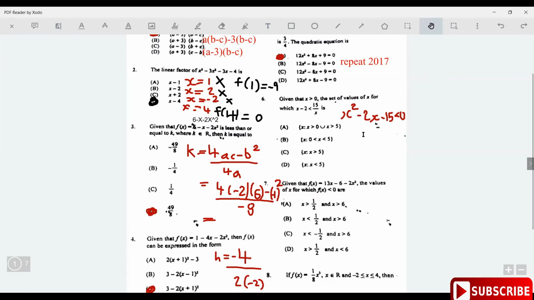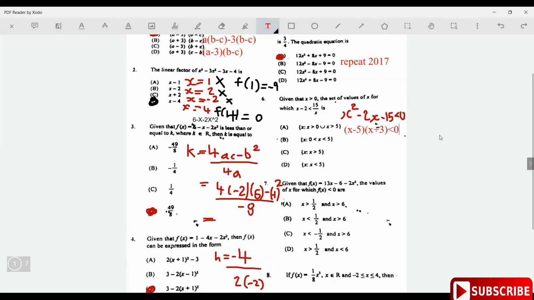We're going to factorize this, and it's going to be x minus, which two numbers, when you times them, you get negative 15, but when you add them, you get 2. Let's go 5 and 3. So it can be x minus 5 times x plus 3 is less than 0. Would that work? Let's check it out. This time this is x squared.